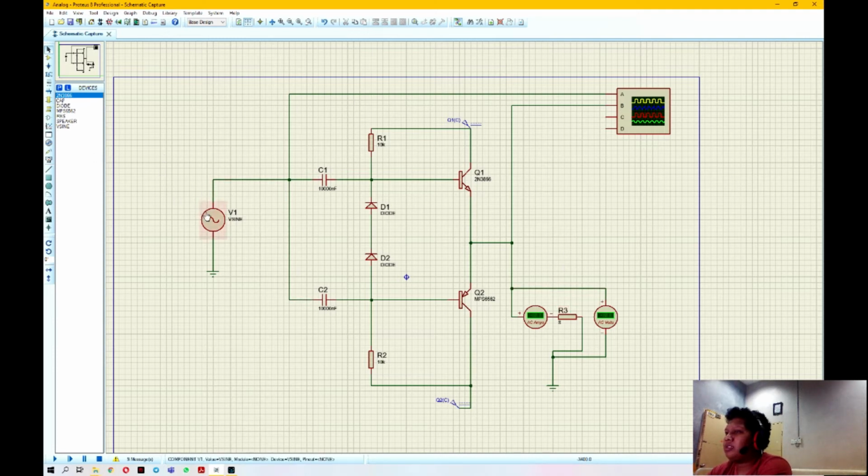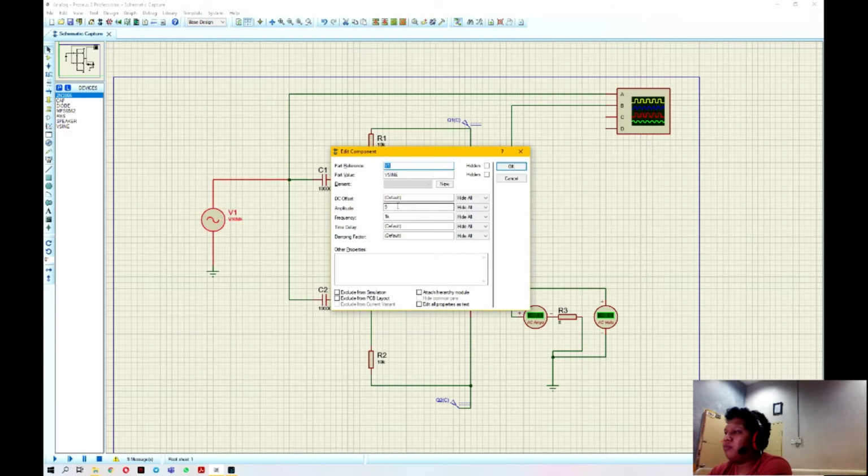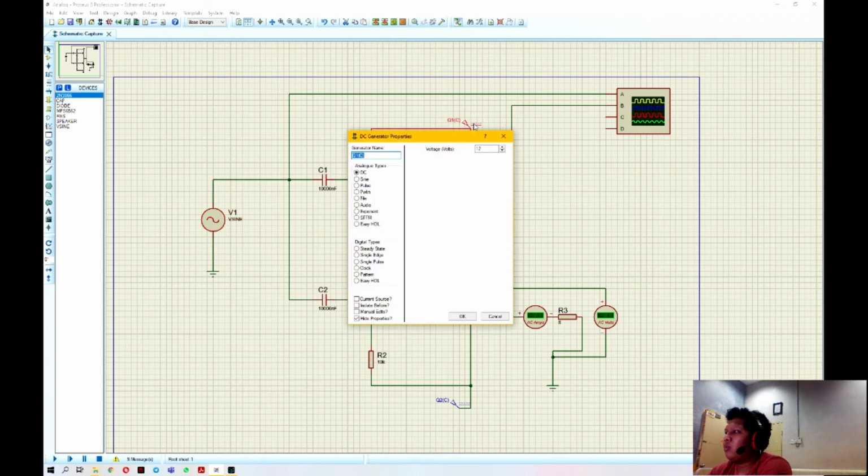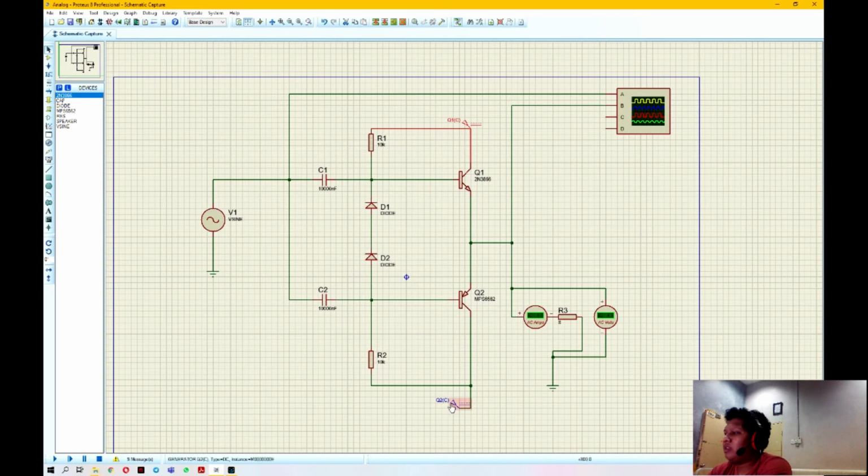For the voltage input, we put an amplitude of 9 volt and a frequency of 1 kilohertz. For VCC, we put the value of 12 volt and negative 12 volt for Q2C. This is the oscilloscope to show the wave. Okay, we start the simulation.